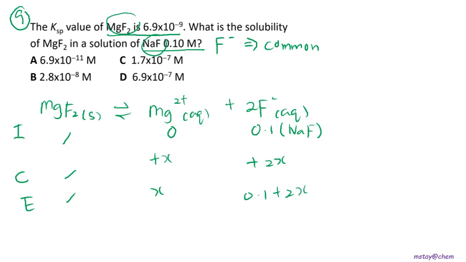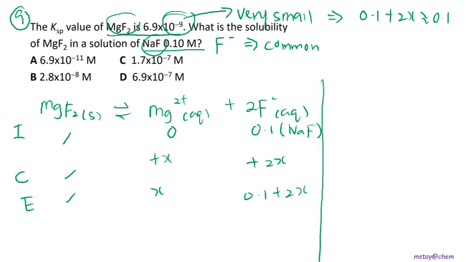Because the Ksp value is very small, exponent negative 9, very small, that's why we can consider 0.1 plus 2x is approximately equal to 0.1. Then we need to write out the Ksp expression, which is equal to the concentration of Mg2 plus multiplied with the concentration of F negative raised to the power of 2, where we are given 6.9 exponent negative 9.